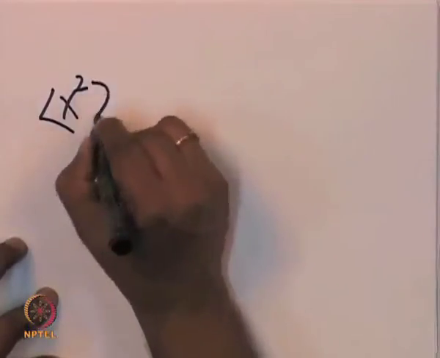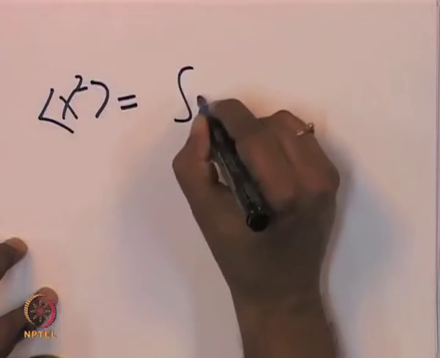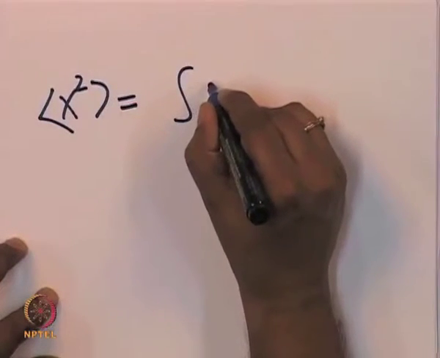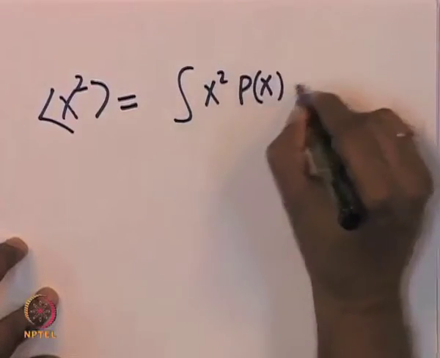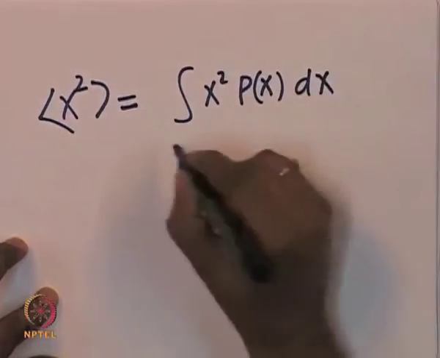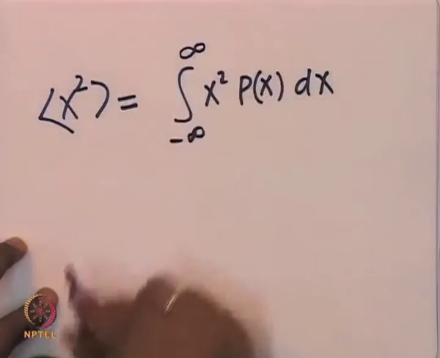Now, if you know the probability, we can calculate x square average. We said that the definition of x square average is the integral of x square p of x dx from minus infinity to infinity.